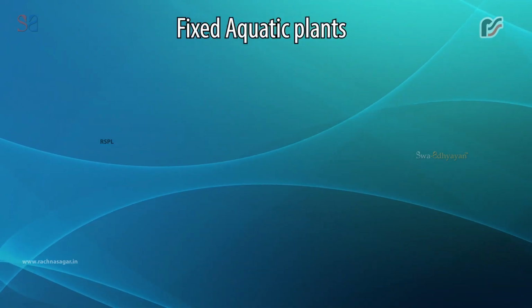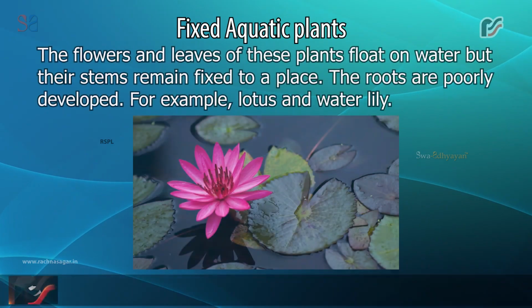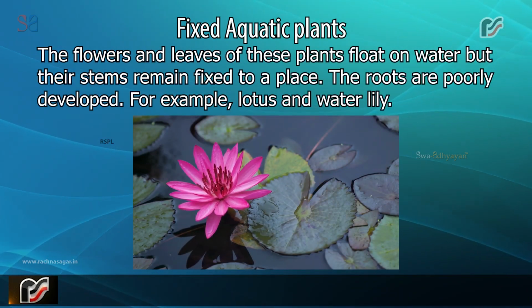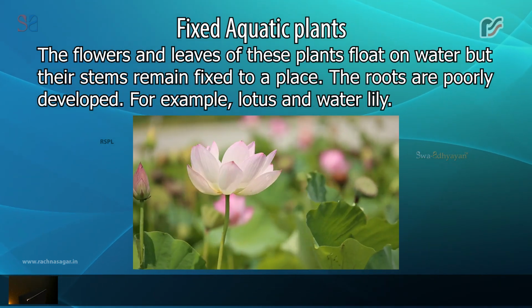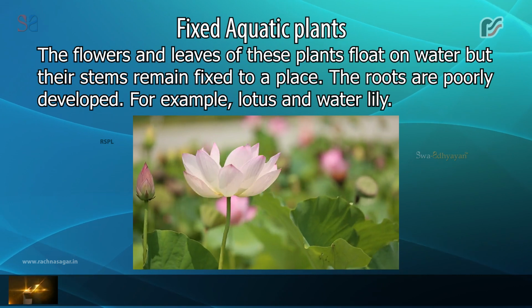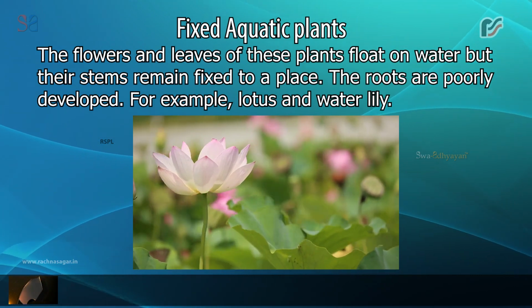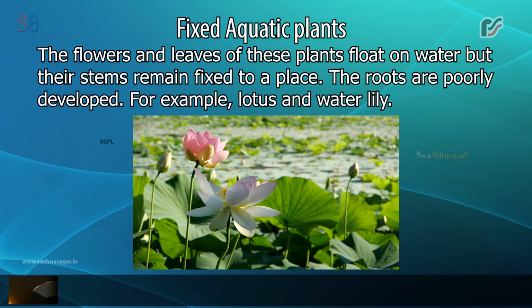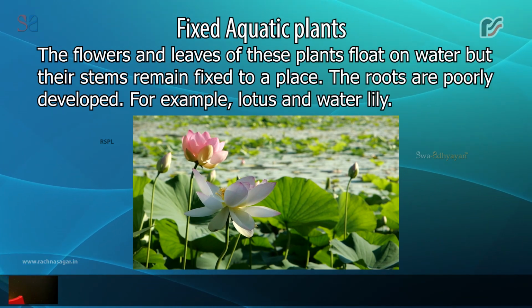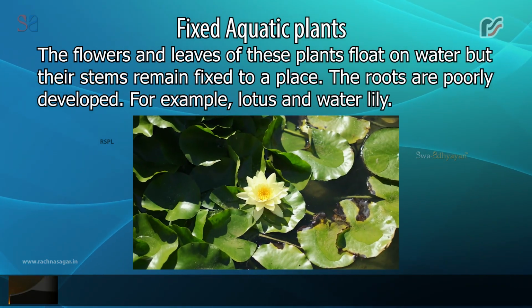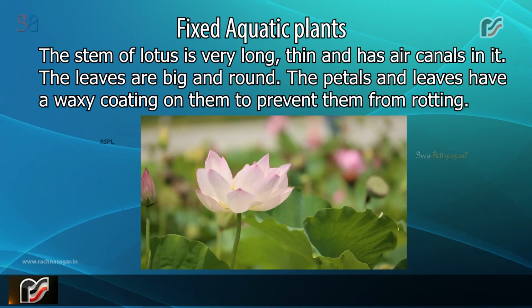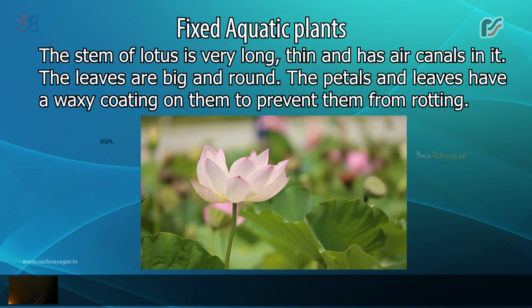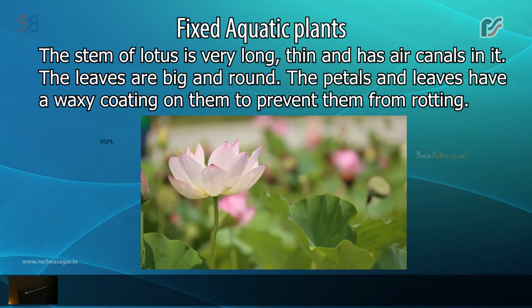Fixed aquatic plants. The flowers and leaves of these plants float on water, but their stems remain fixed to a place. The roots are poorly developed. For example, lotus and water lily. The stem of lotus is very long, thin, and has air canals in it.